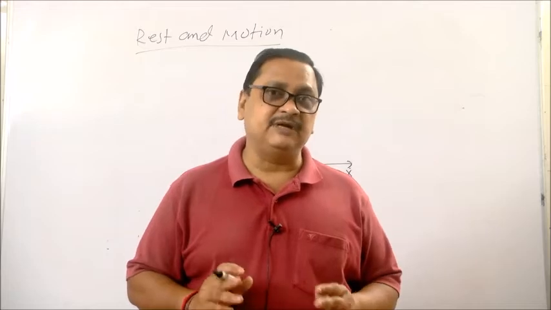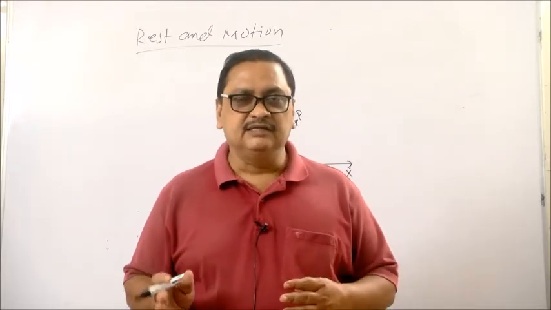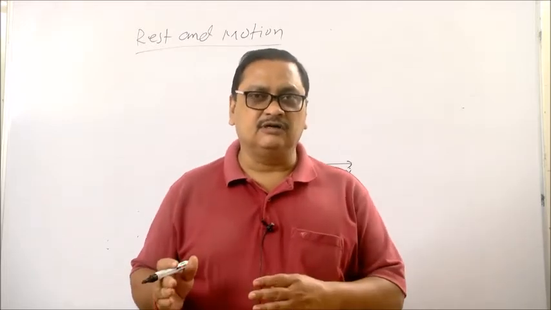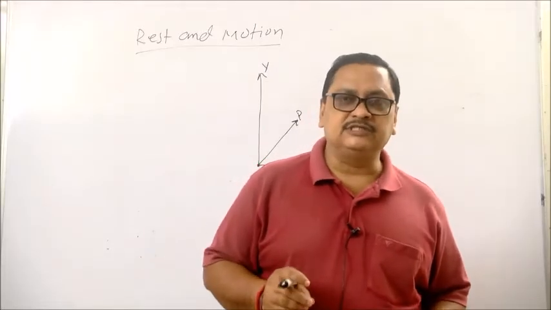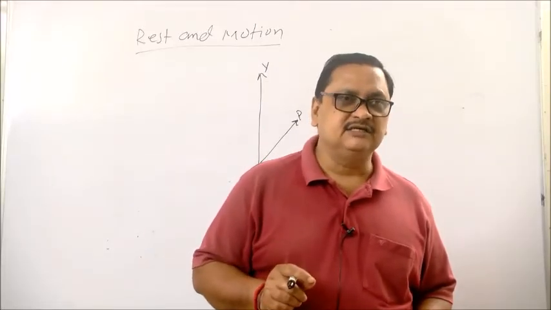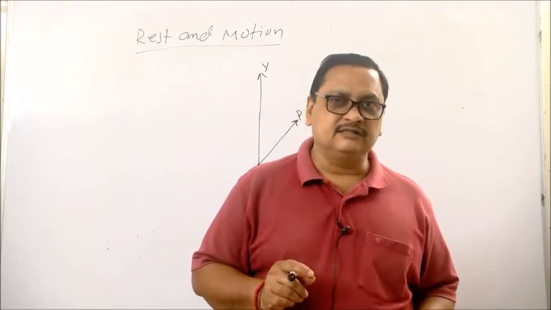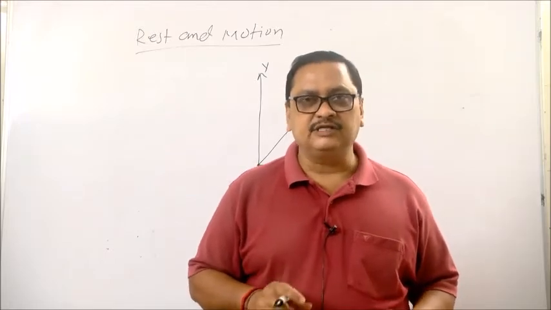You have to see a reference point, like an electric pole or a building. Then you can say which train is in motion. So we first have to fix a reference point or a coordinate system. Then we can say whether the body is at rest or in motion.